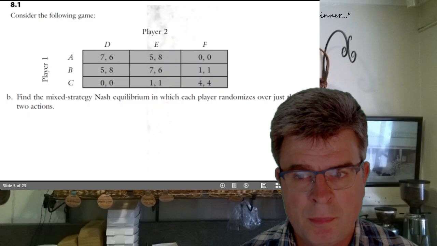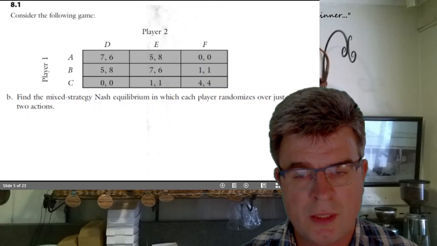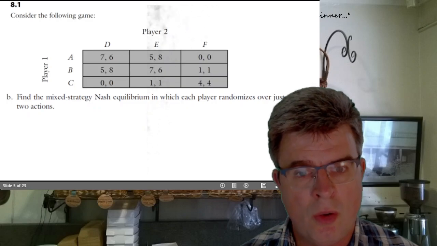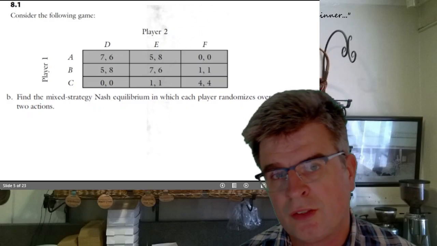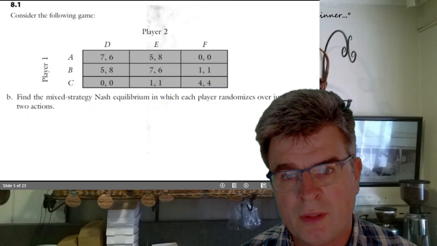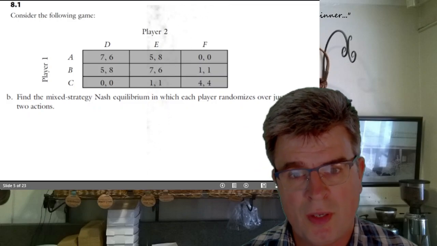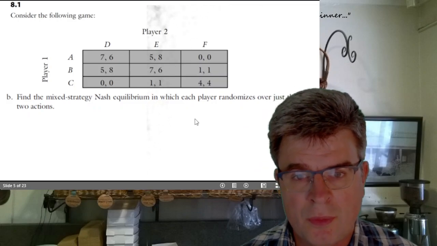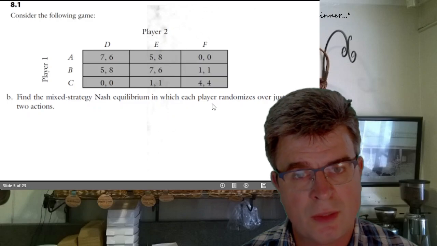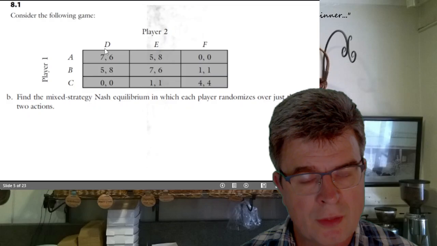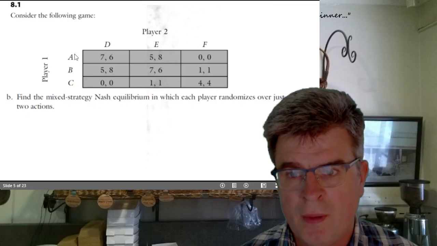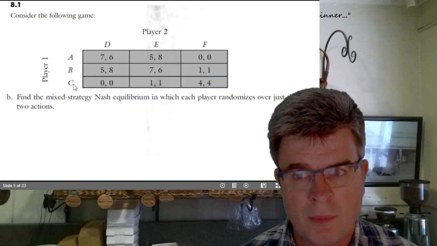We need to find the mixed strategy Nash equilibrium in which each player randomizes over just the first two actions. And this is where at the start I mentioned that this exercise is simplified, because now the designer of the exercise tells you that you only need to consider actions D and E for player 2 and actions A and B for player 1.